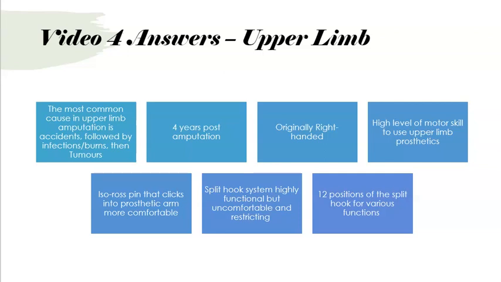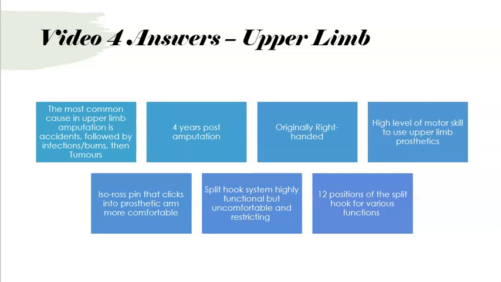That clicking-in pin system is important, but she also shows you the split hook system. The split hook system is a very old system, but it works really well and gives the patient a bit of freedom by using the proprioception of the scapula, which is a really good way of using that really functional split hook.